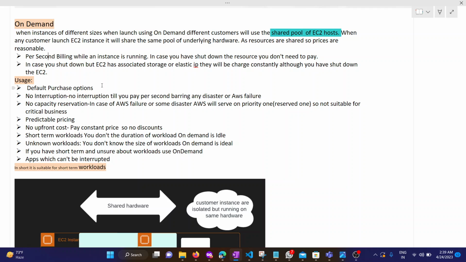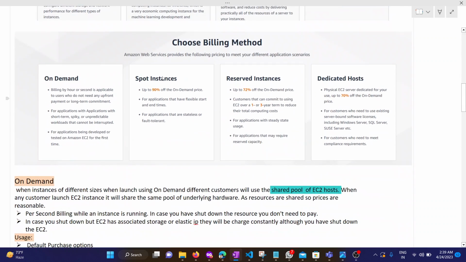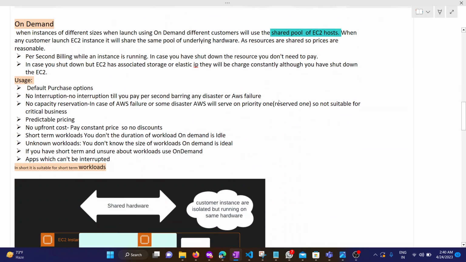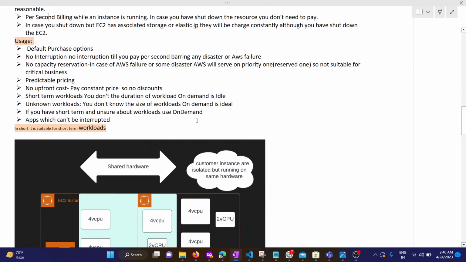But there is one condition. AWS also has reserved instances, and dedicated. In that scenario, suppose some disaster is happening, or AWS EC2 fails or needs EC2 capacity, the priority will be reserved instances, then it will come to the on demand instances.